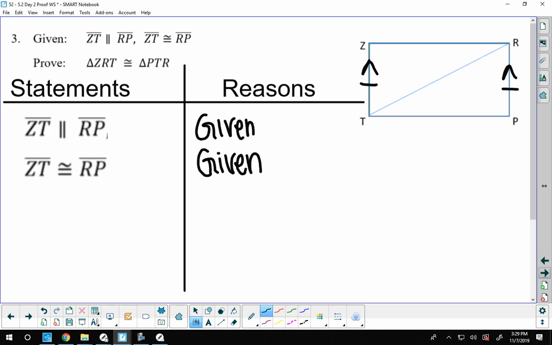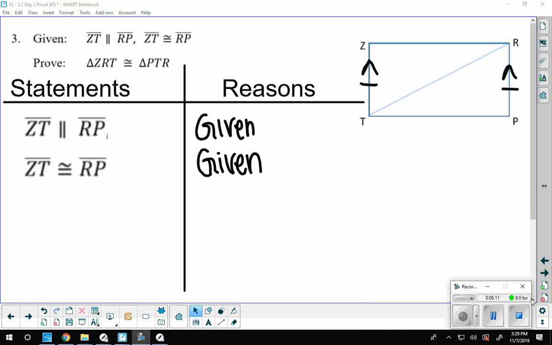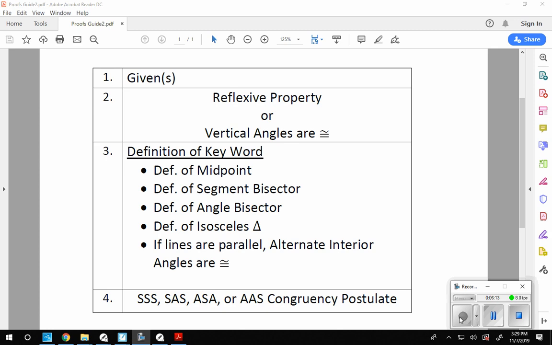Now, anytime, let me pull up this proofs guide for you. If you've never seen this before, this should help you to write proofs. You're always going to have some givens. Most of the time, you're either going to have the reflexive property or vertical angles. And then, based on what your givens are, you're going to know some piece of information. So if you're given a midpoint, you're going to know something by the definition of midpoint.